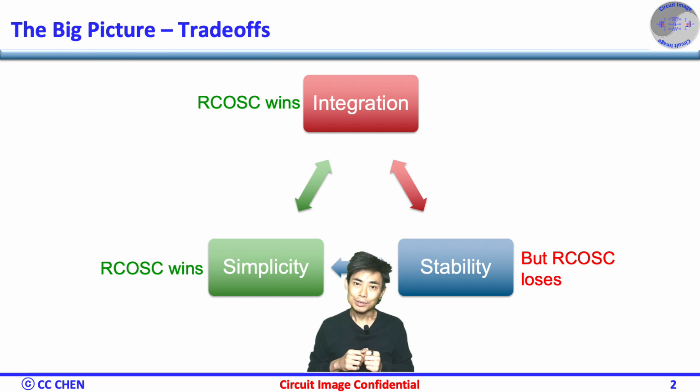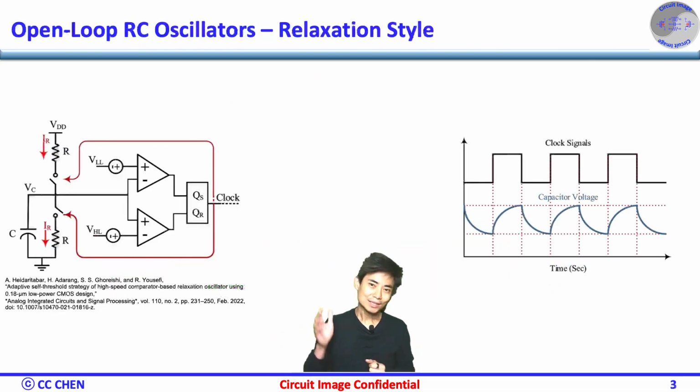RC oscillators win on integration and simplicity, but they lose to crystal on precision. Still, in systems where plus minus 0.5% is good enough, an RC oscillator can be a perfect fit if we engineer it well.